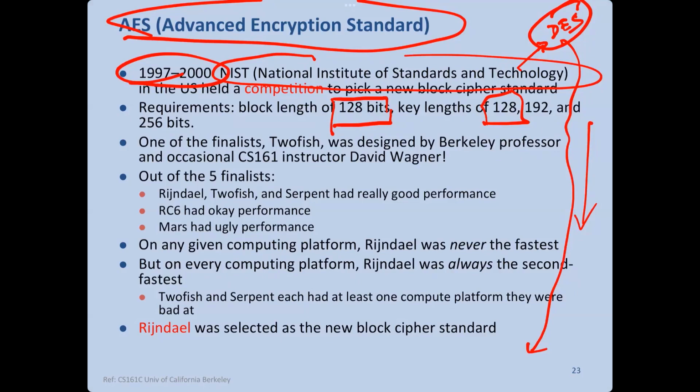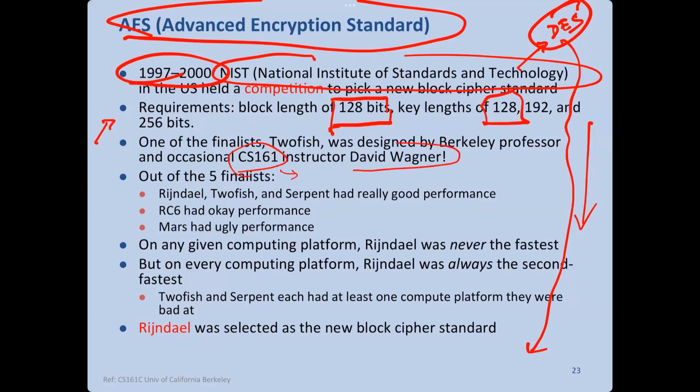But when AES came, it was an open design. There was a challenge posed to everyone to come out with the DES replacement, and they gave the requirements. Then a lot of people proposed algorithms, and one of them was, of course, from CS161 that we are referring to extensively.